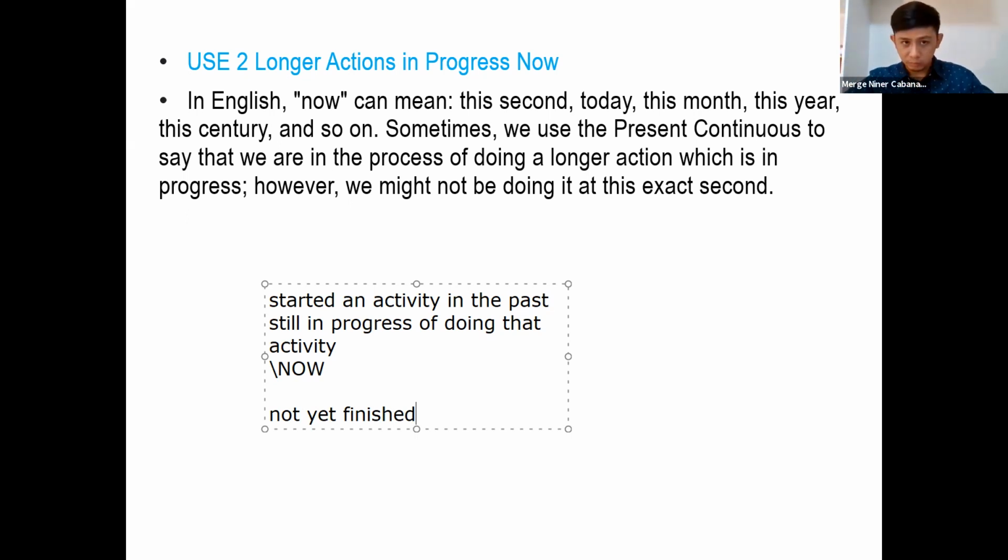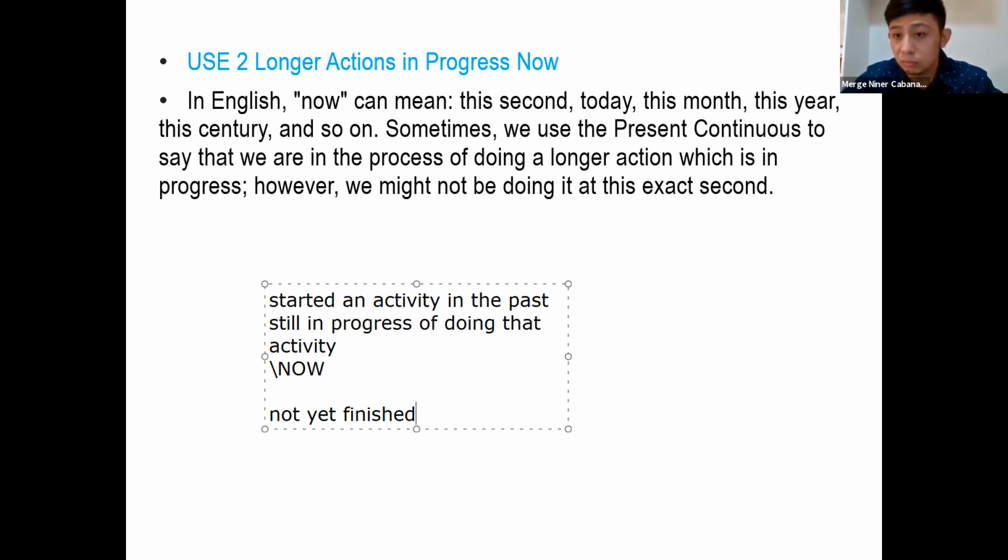Longer action in progress. So imagine I started doing exercise at 8 o'clock today, and I don't see myself finishing the exercise until 10 a.m. today.